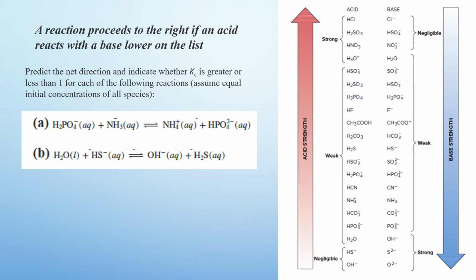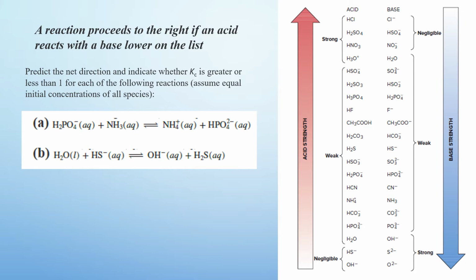In this slide, on the right hand side, you can see there's a figure. It's an acid and base ladder, so it compares the relative strengths of all the commonly seen acids and bases. In the exam or in your homework, you can have this figure available, and in the exam, I will also provide this figure.